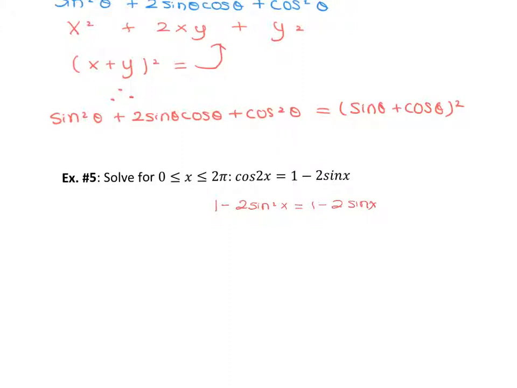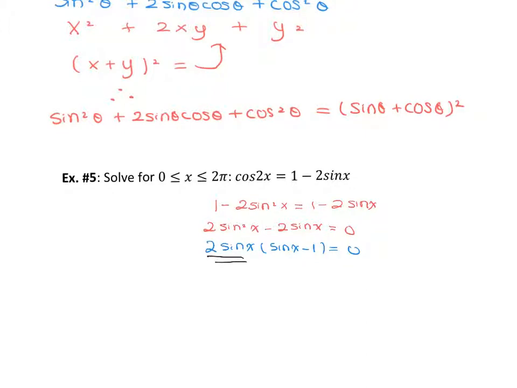Then, of course, get everything to one side, set it equal to 0 like we did before, and solve. Then factor. Then set each factor equal to 0.